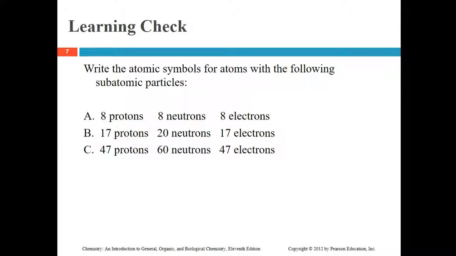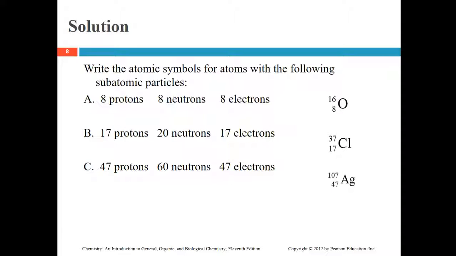Now C, 47. We look on our periodic table, and that's silver. Now then, we have to add our proton number plus our neutron number. So 47 plus 60 is 107 to get the mass number.